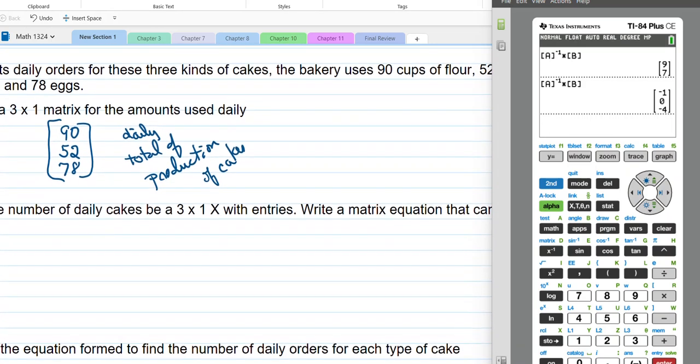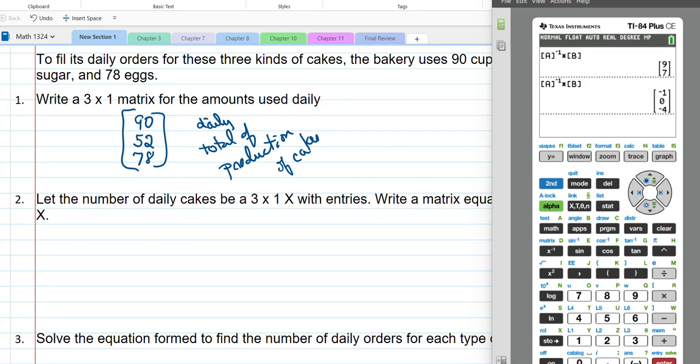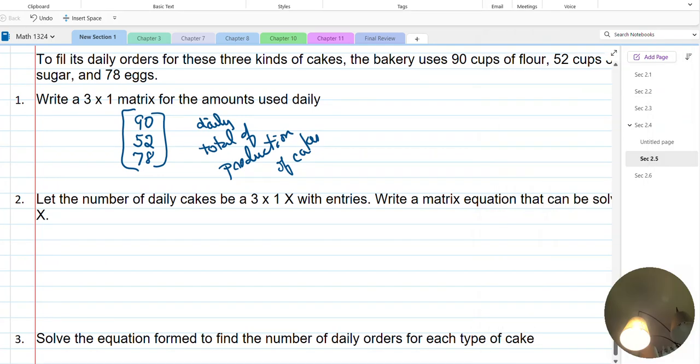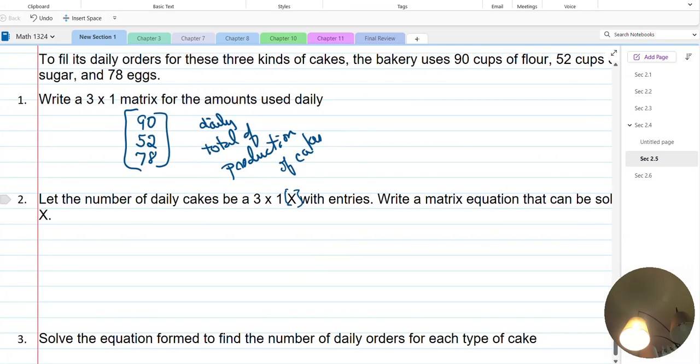So then it says, because this is leading us by the hand, let me put this down so we can read. Let the number of daily cakes be a 3 by 1 x variable. Okay, so we're having an x amount. With entries, write the matrix that can be solved for x.